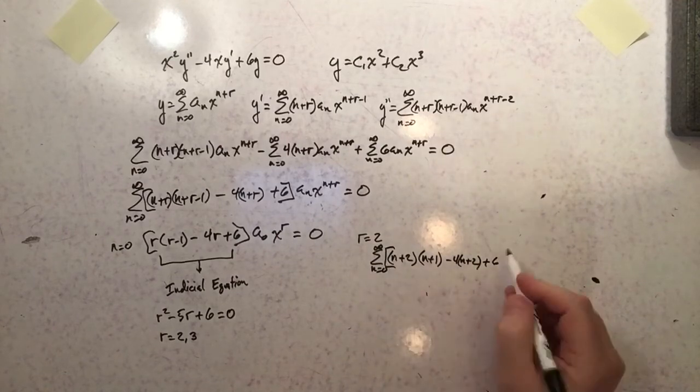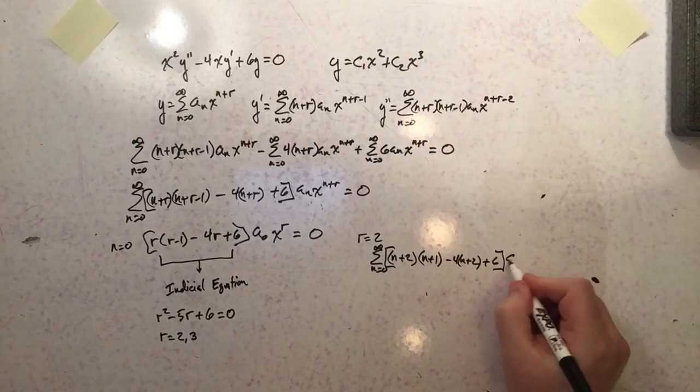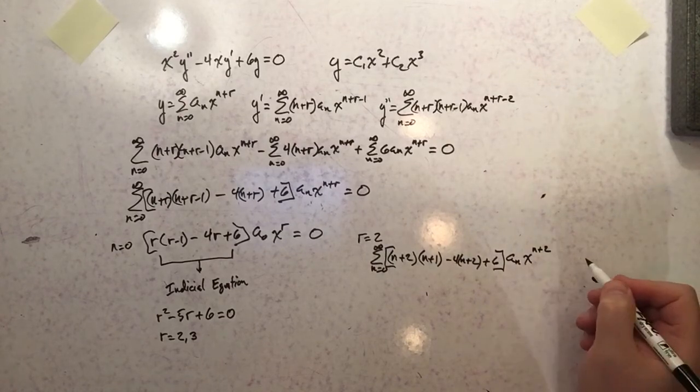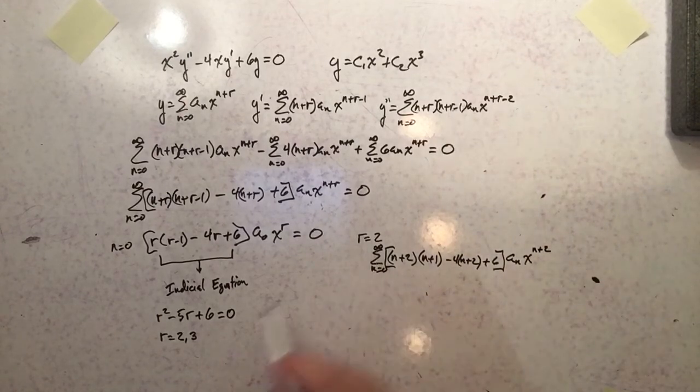And again, all that is going to be a n x to the n plus 2. Again, this is only one possibility. R could also be 3, but I'm just looking at the r equals 2 possibility first.